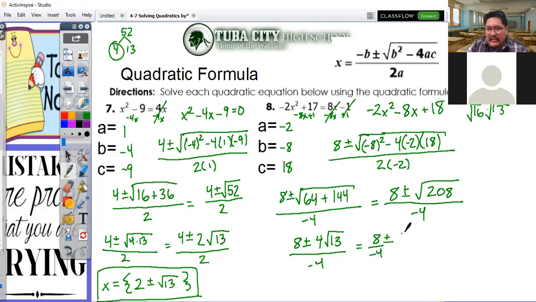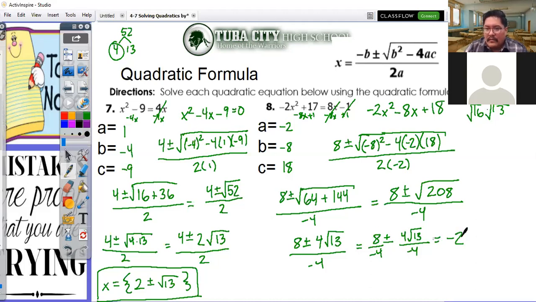I can split that negative 4 so that they are under both of them. Now, sometimes again, this doesn't work. Maybe we are going to have one later on that's like this. But if you can divide both coefficients, in this case, 8 and 4 can both be divided by negative 4. So we are going to do that. We're going to get a negative. So 8 divided by 4 is 2.